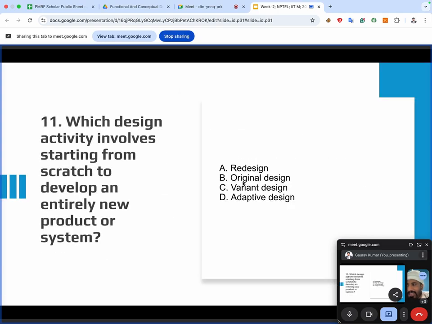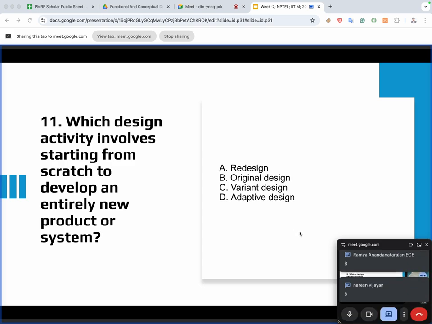Question number 11. Could you please give a try? Which design creativity involves starting from scratch to develop an entirely new product or system? Option B. Okay.